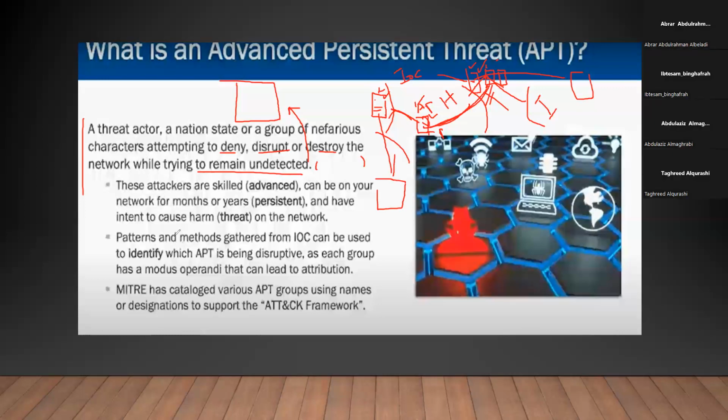Again, patterns and methods gathered from IOCs can be used to identify which APT is being disruptive. What does that mean, guys? Every single advanced persistent threat group has a methodology, a technique, and procedures to compromise systems.